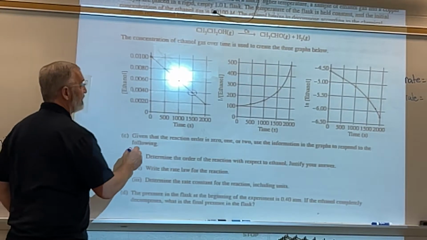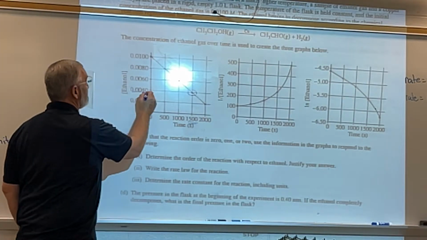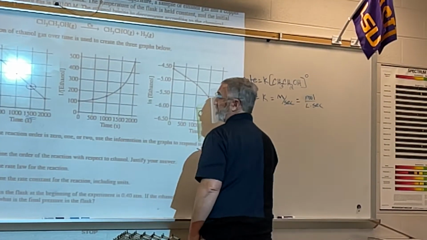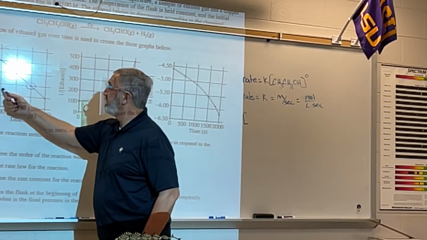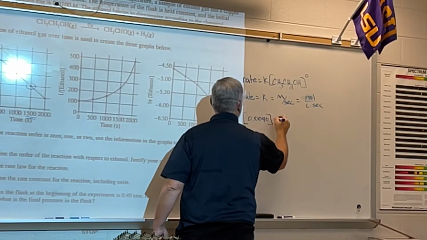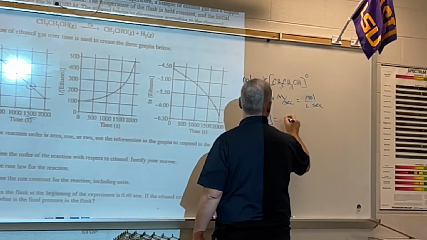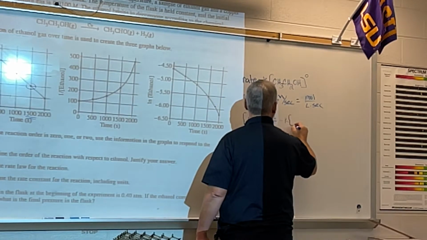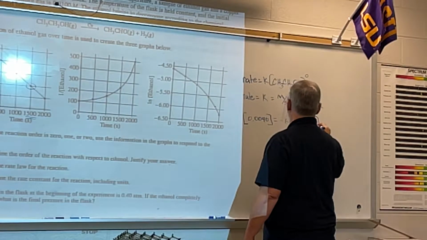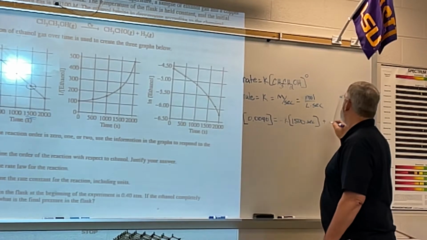So time, 1500 seconds. Concentration is going to be 0.004. So this is zero order, so my concentration at 1500, 0.0040, is equal to negative k times the time, 1500 seconds, plus my initial concentration, which is 0.01.